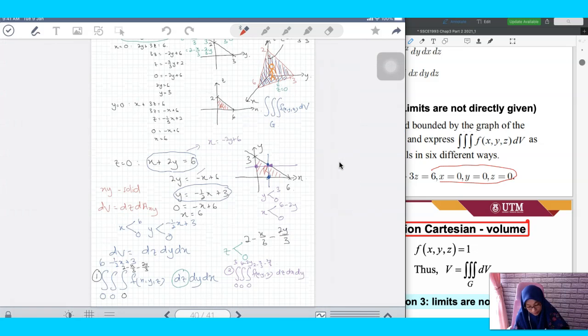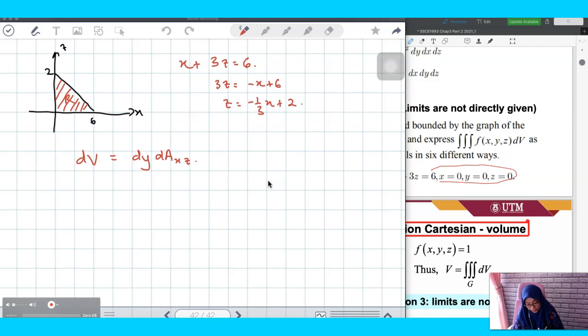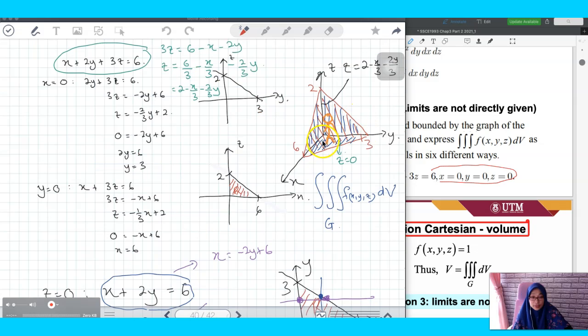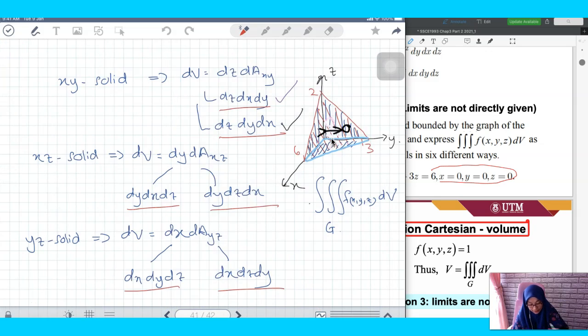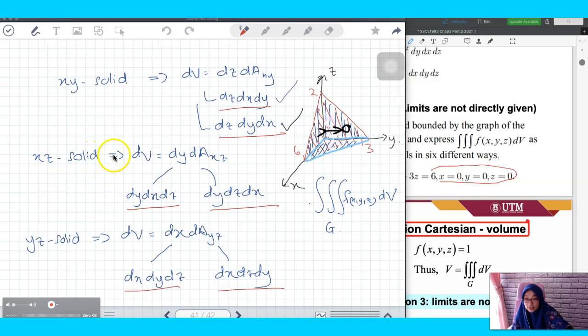Okay, so now we do the same process. Based on your trace, you have to refer to this. This becomes your region when you are standing like that. So your region is lying on the x-z plane, where you can see here. It is based on the line x plus 3z equal to 6. So again, the x-z solid.